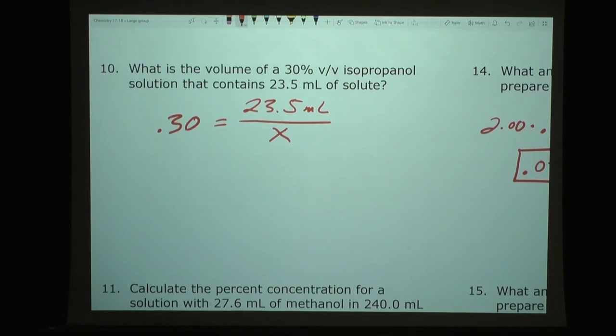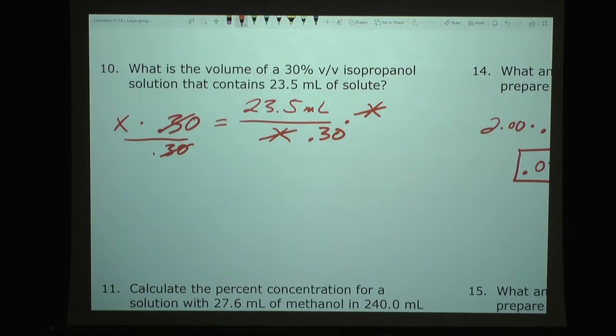Now, there is some confusion on how to solve for X. There's a few ways you can go about doing it. I can set it up in a proportion and cross multiply and divide. My personal way of doing this, I always want to make sure that the variable that I'm solving for is on the top of the equation. So I typically take X and I put it on top. What you do to one side, you do to the other. So now to solve for X, I'm just going to divide by 0.30.